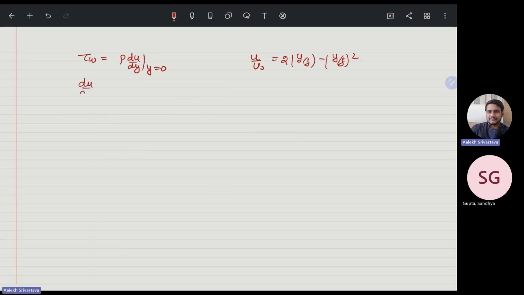So du by dy is equal to 2 by delta minus 2 y by delta square, multiplied with u naught. And if you say y is equal to 0, you will get 2u0 by delta.